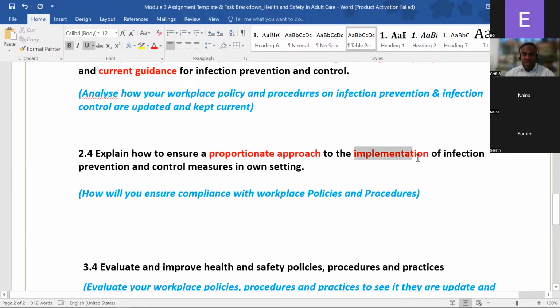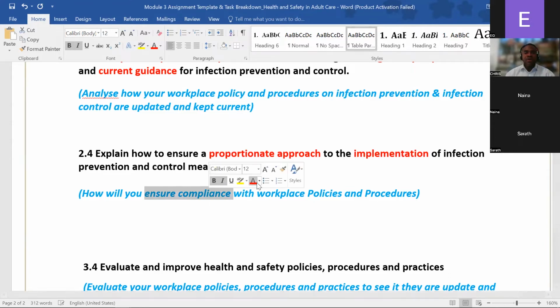This is what is giving you the clue: implementation. How will you as a manager or a deputy manager ensure compliance? How will you ensure that management and staff comply with the law, to make sure the right thing is done, the policy is followed, and the procedures are followed appropriately? So that's basically what it says.